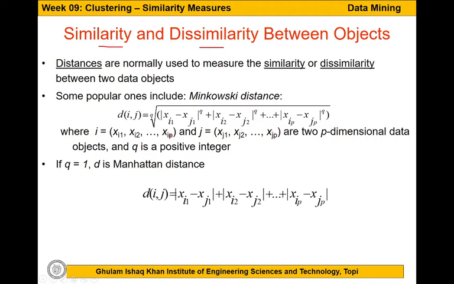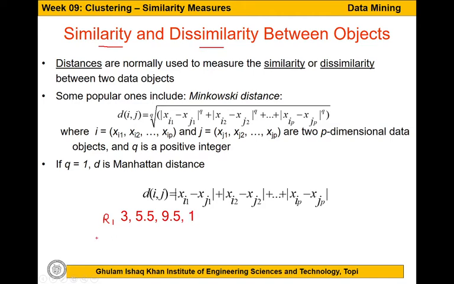Now, this is the general form of the distance function. For example, there is a record of person 1, and the value of the first attribute is, let's say, 3, the second attribute is 5.5, the third attribute has value 9.5, and the fourth attribute has value 0 or 1.